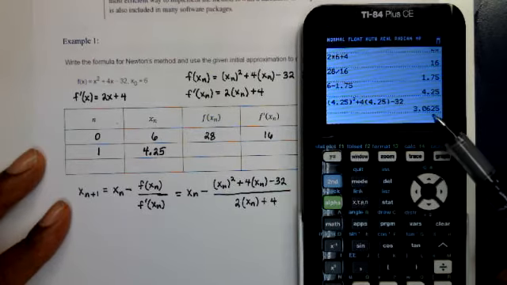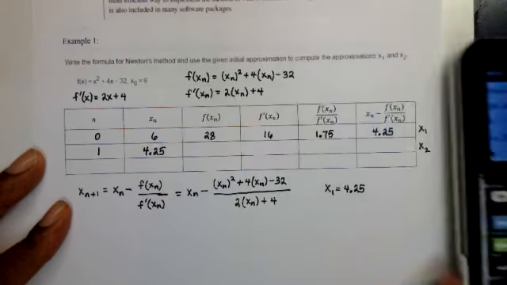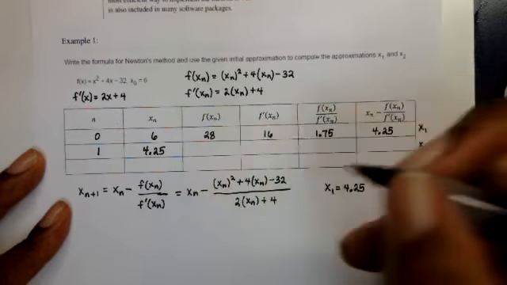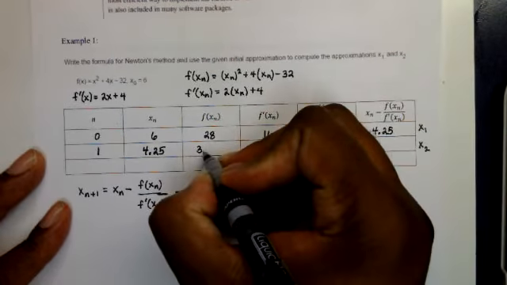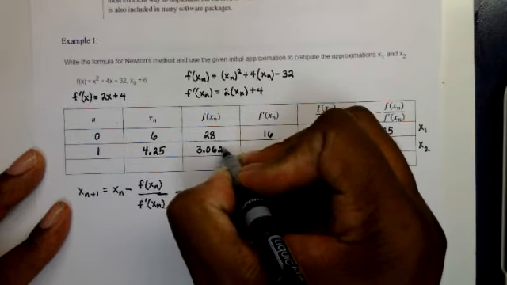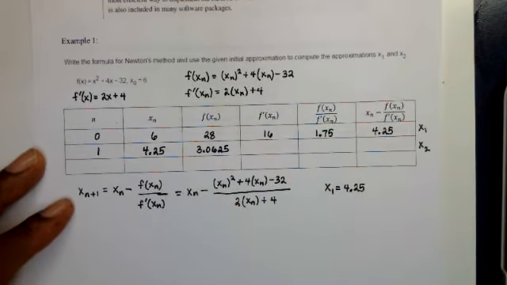And you can see I come up with 3.0625. So that goes in the box for f of x sub n.